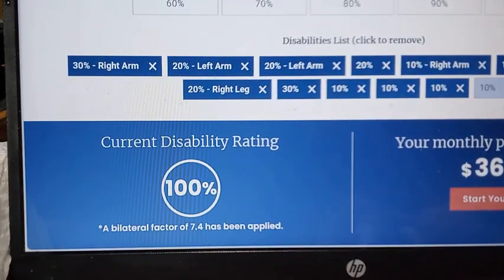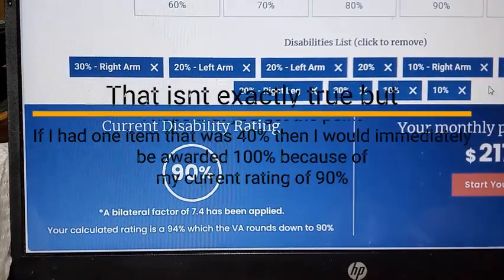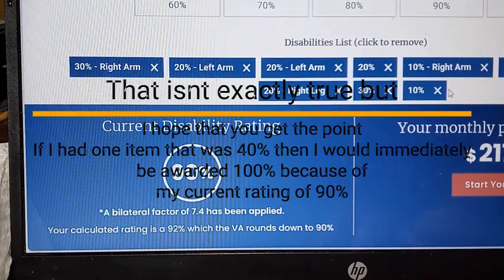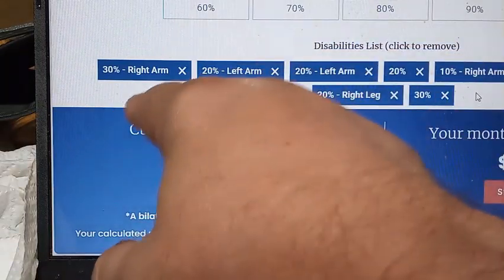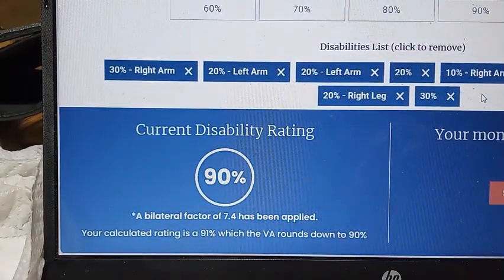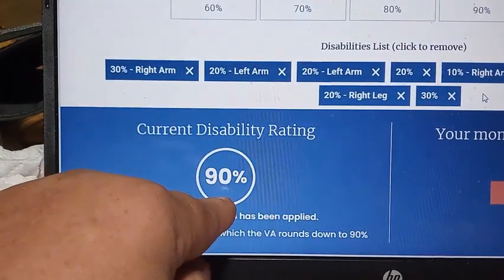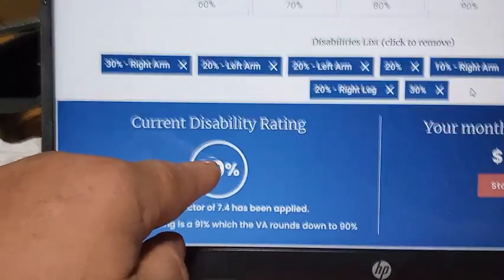Currently, if you add all of my disabilities up, it's 150. But it only gives me a disability rating of 90%.